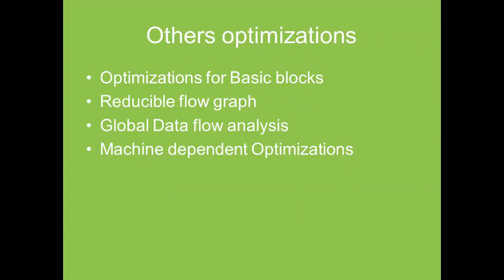You can apply them on the basic block, or reduce the flow graph, or the third case is global data flow analysis, or the first case is machine dependent optimization. So in any manner, you can do the optimization. There are several techniques for optimization.